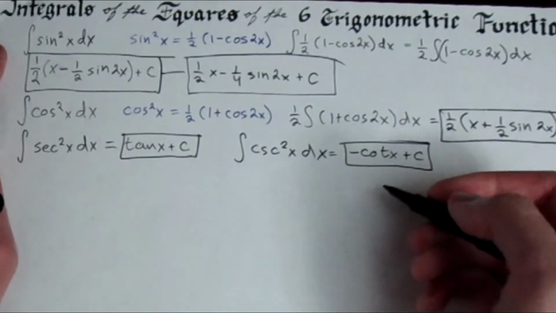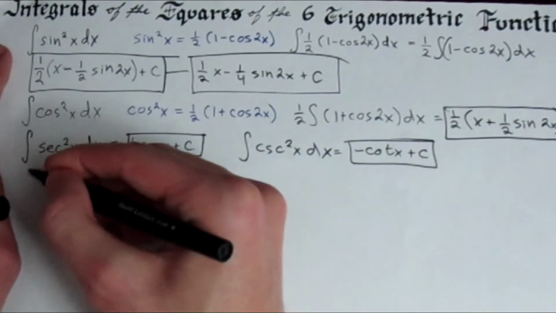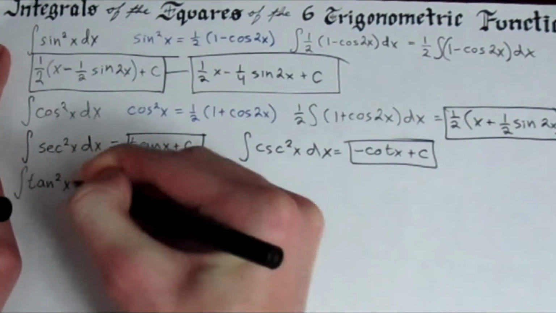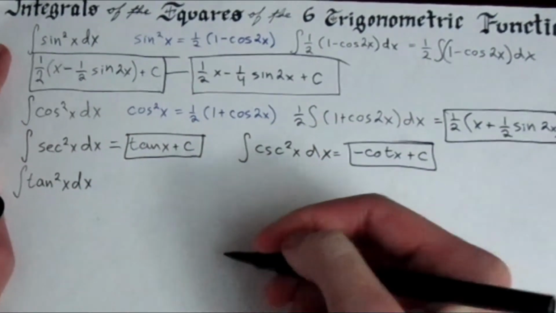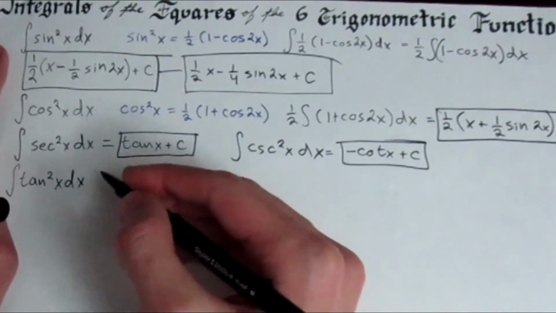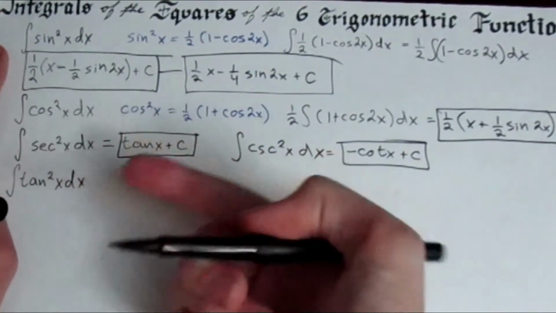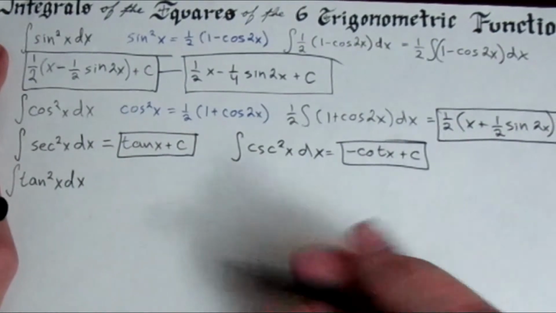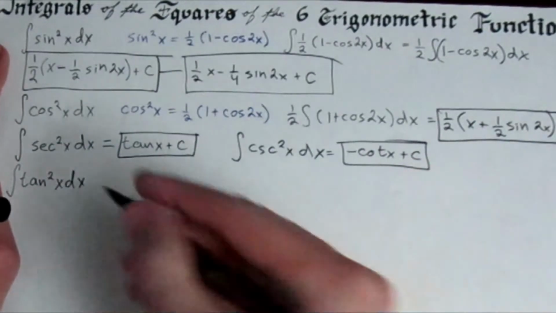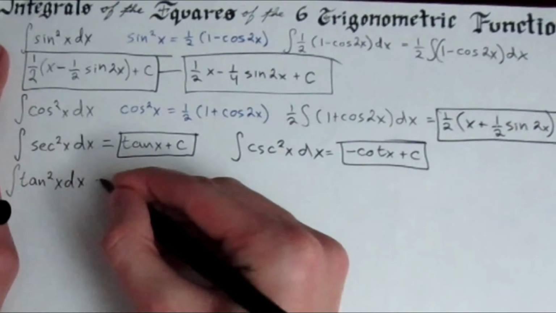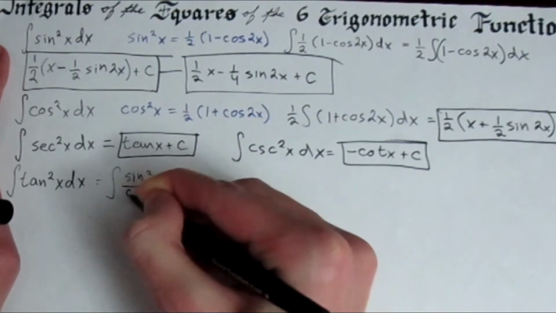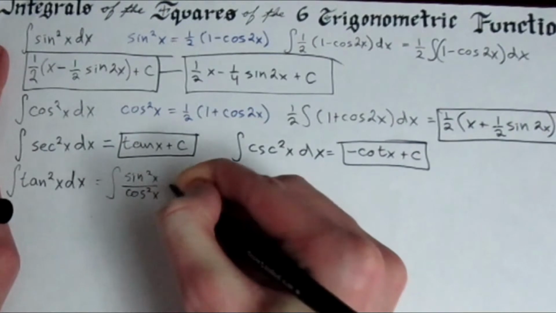Okay, now let's do the last two, tangent and cotangent. This is probably a little tricky, relatively speaking, but it's really not that hard. Think about it: what does tangent equal? It's sine over cosine, right? So tangent squared will equal sine squared x over cosine squared x.